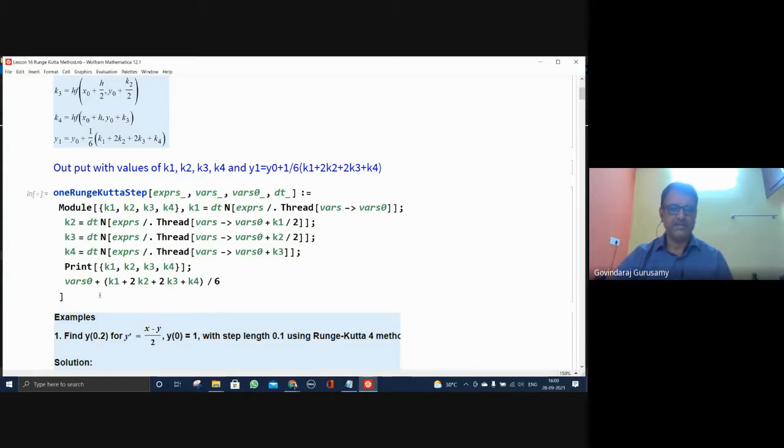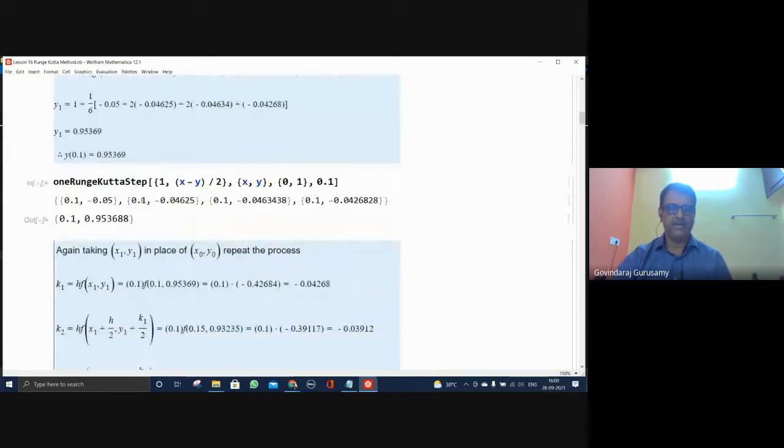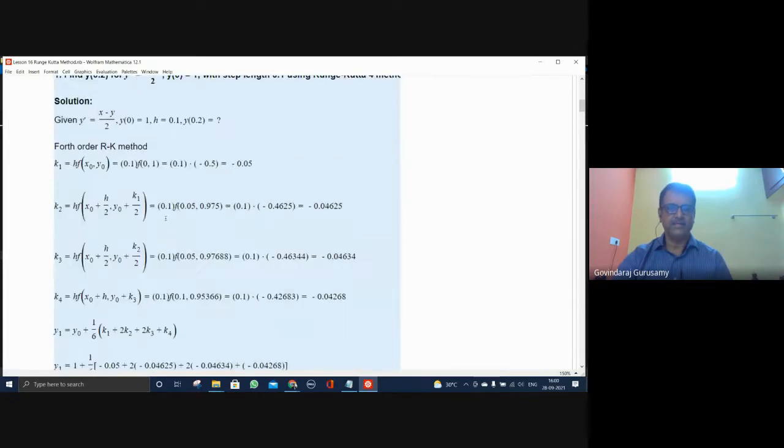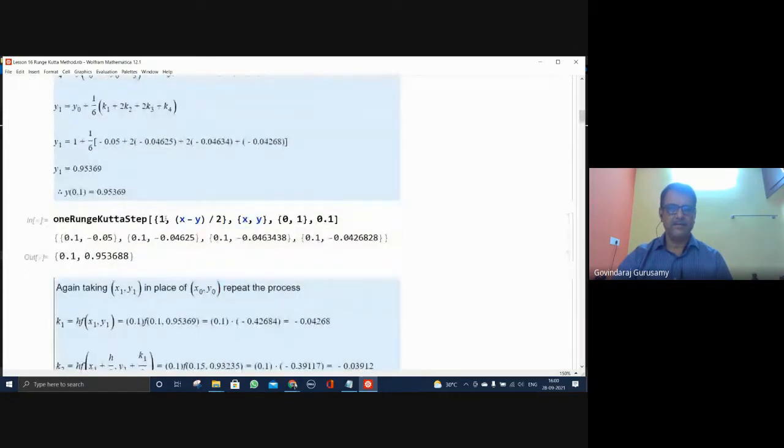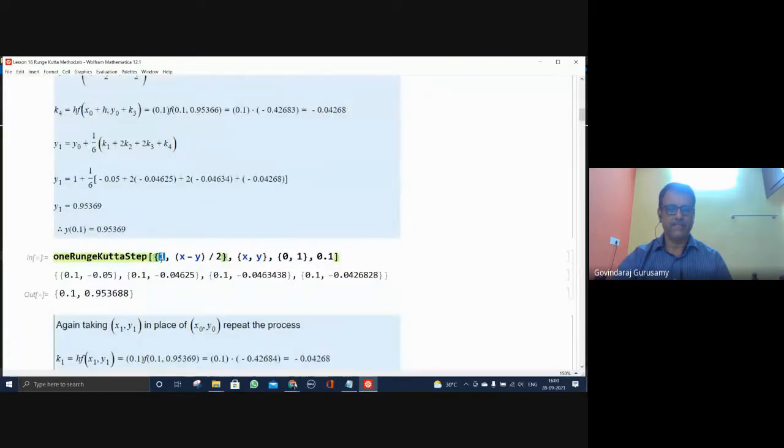Now this can be implemented by simply entering this. This is done now, and I am taking this example. Let's take this one Runge-Kutta step. The expression is x minus y divided by 2, to start with the value equal to 1. This is your equation here, and x, y are the variables. This is the initial condition, with steps of 0.1.